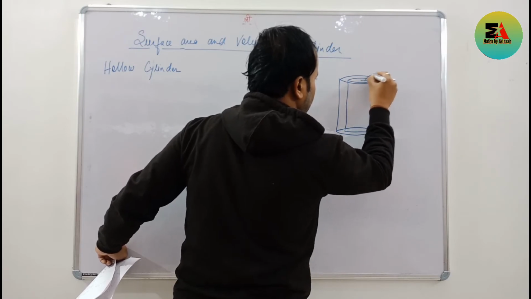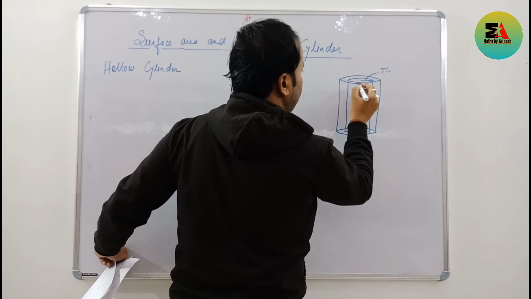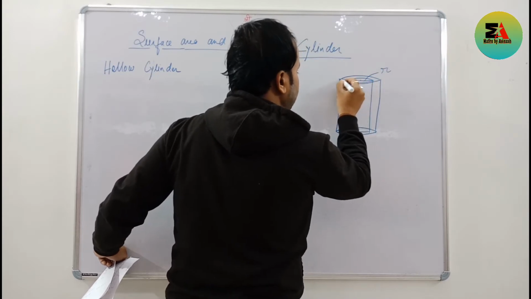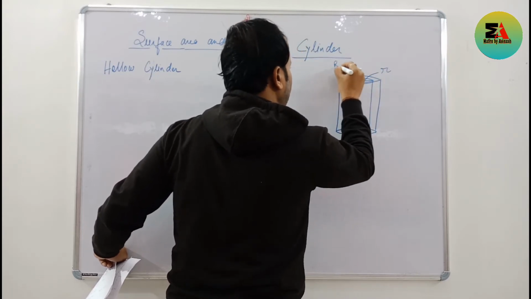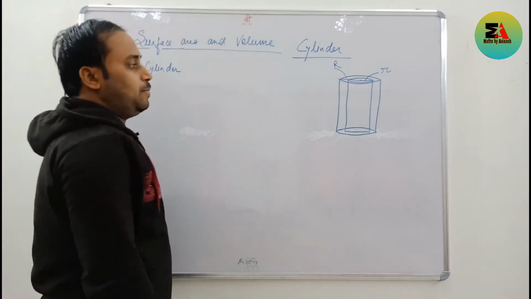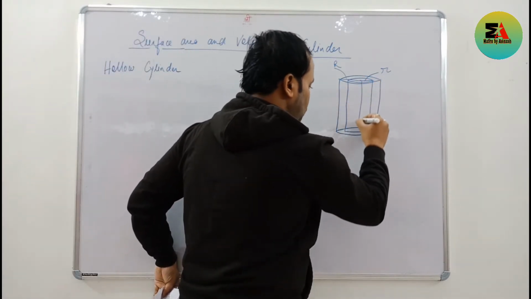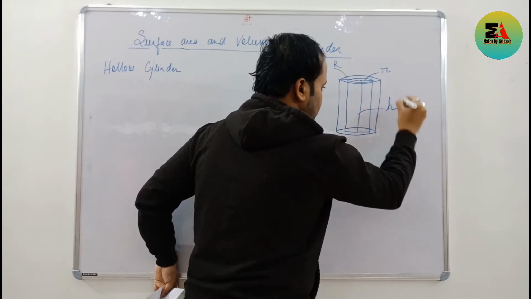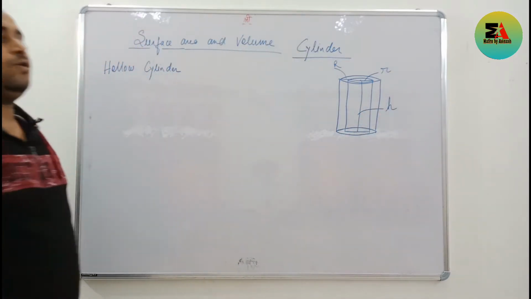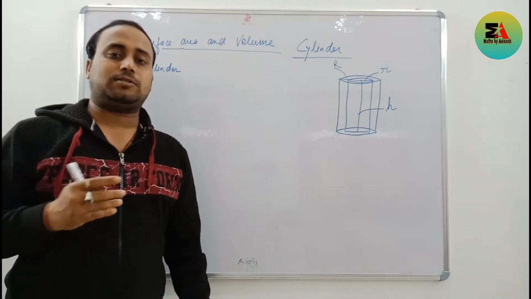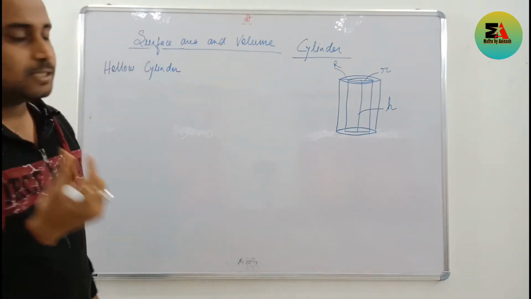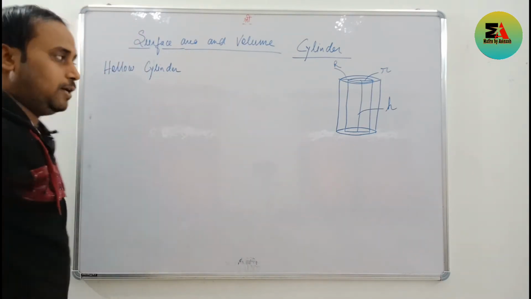This is our small r and this distance becomes capital R. Capital R represents the radius of the bigger one, and the height of both cylinders is the same. A basic example of a hollow cylinder is any cylindrical box which has some thickness. This is an example of a hollow cylinder.